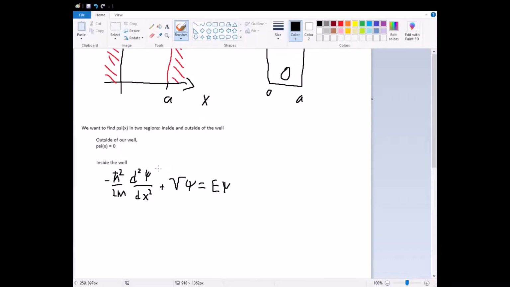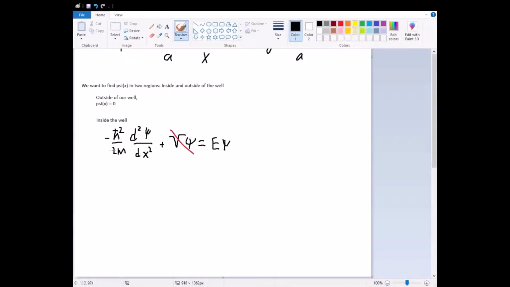So our goal now is to solve this expression for when we're inside of the well. And instantly, we should realize that we can cancel out v, because v is 0 inside the well. So now we just have negative h bar squared over 2m times the second derivative of psi with respect to x squared.